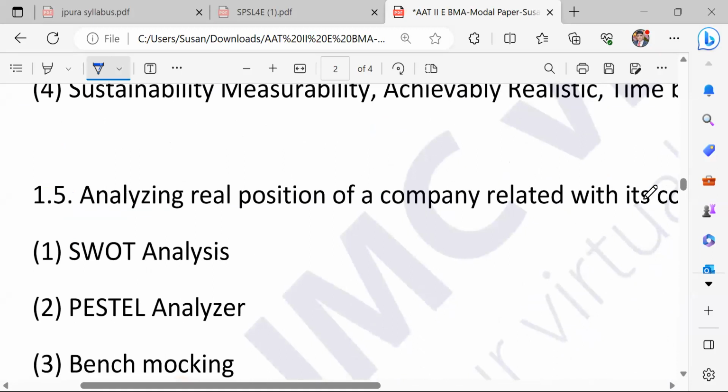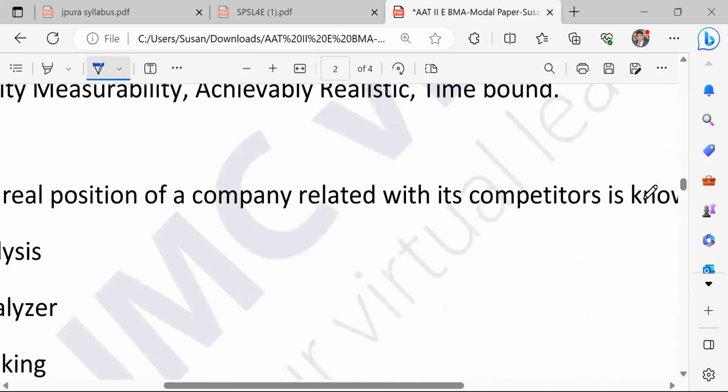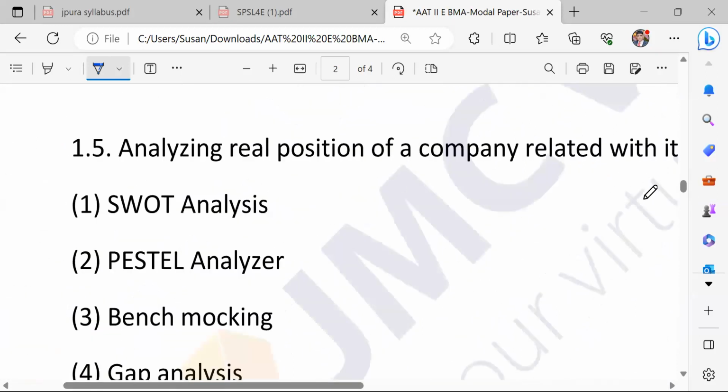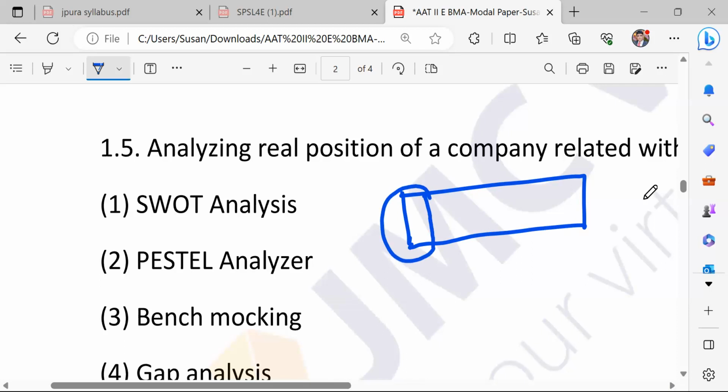Analyzing the real position of a company in relation to its competitors. There are many analyses, right? In the same industry, if an organization is going to understand where they are, the area they have captured from the entire industry, they are marking that.